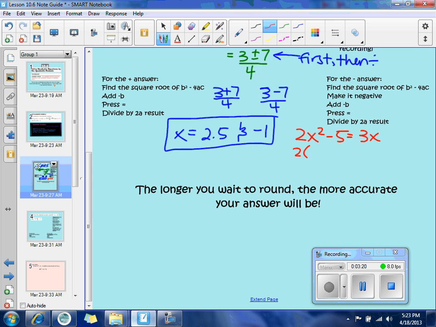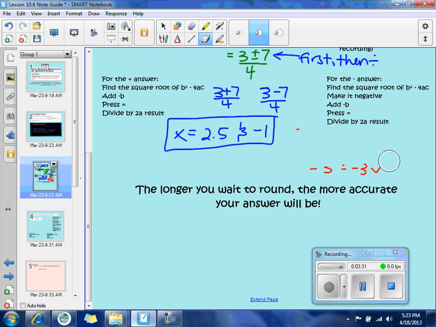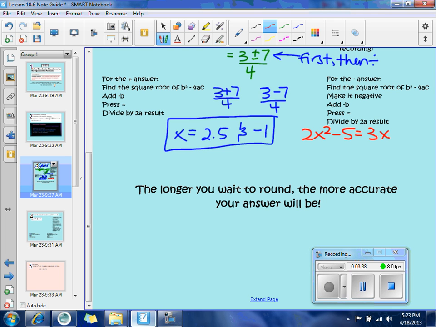2 times -1 squared is 2. Minus 5 gives me -3. Well, 3 times -1 gives me -3. -1 actually works in this equation. And if I do 2x squared minus 5 equals 3x again, but now I plug in 2.5.